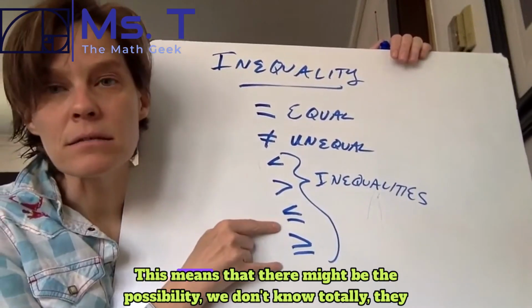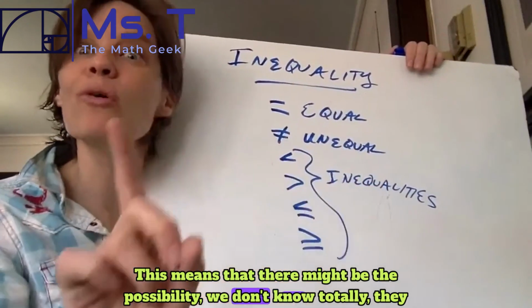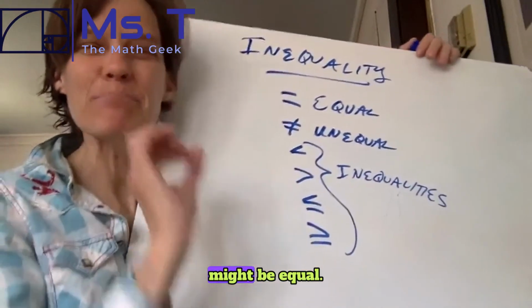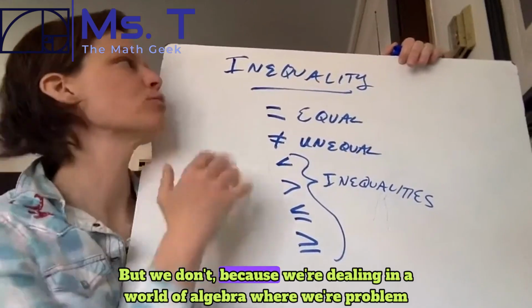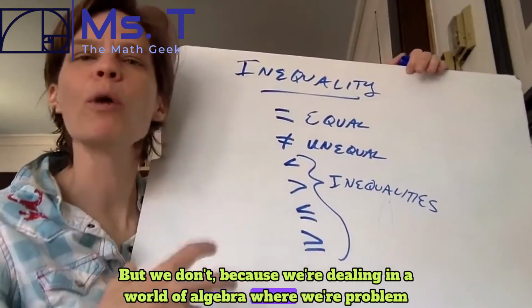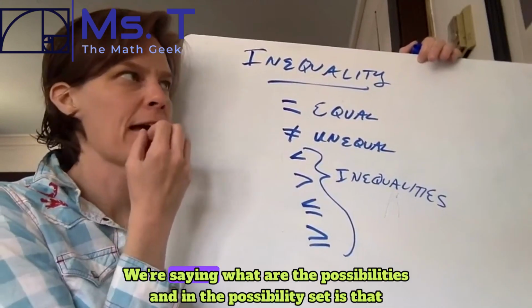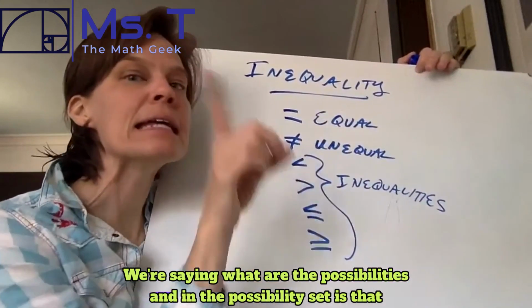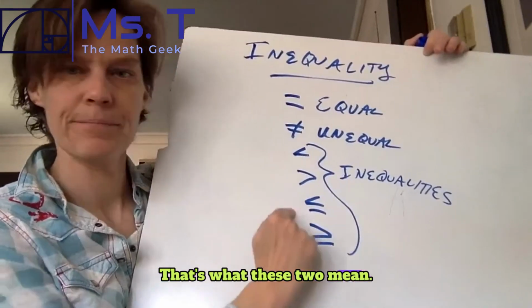This means there might be the possibility, we don't know totally, they might be equal, okay? But we're dealing in the world of algebra, where we're problem solving, right? We're saying, what are the possibilities? And in the possibility set is that they're equal. That's what these two mean.